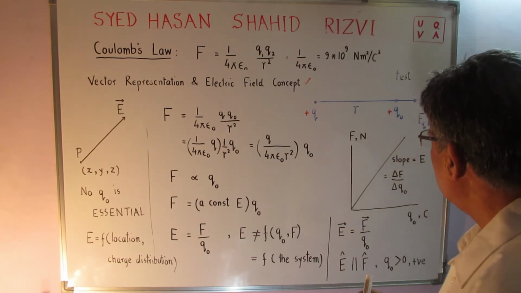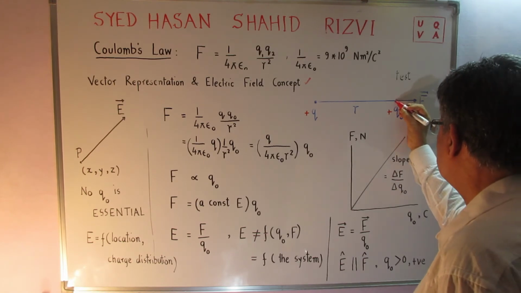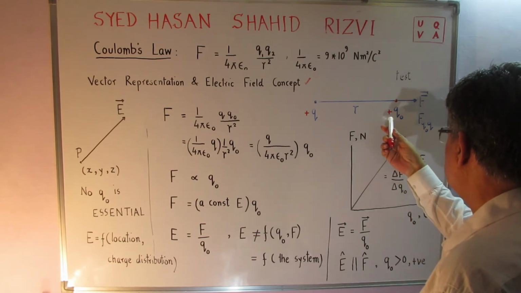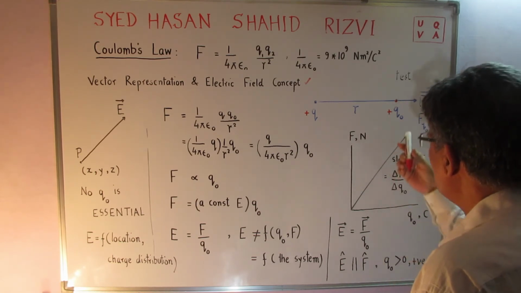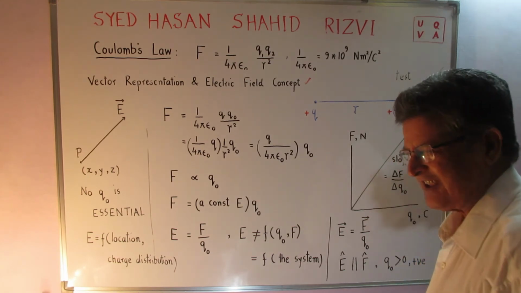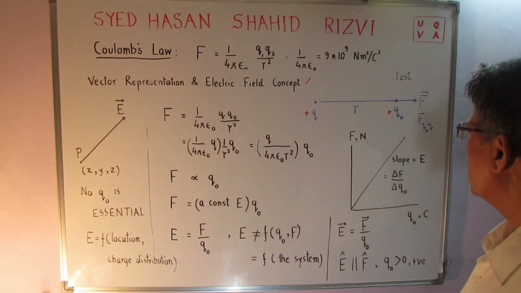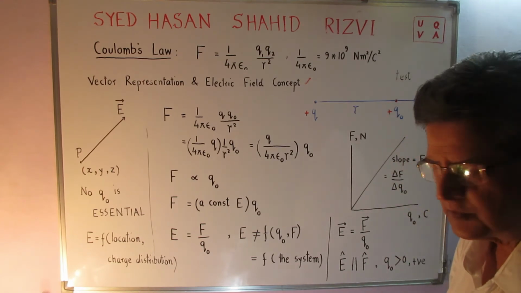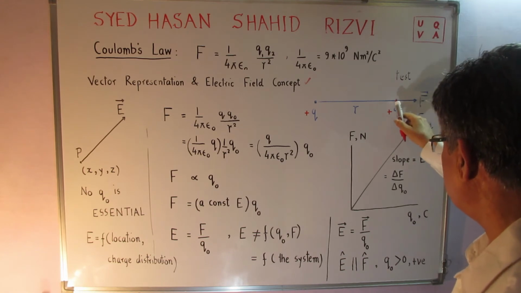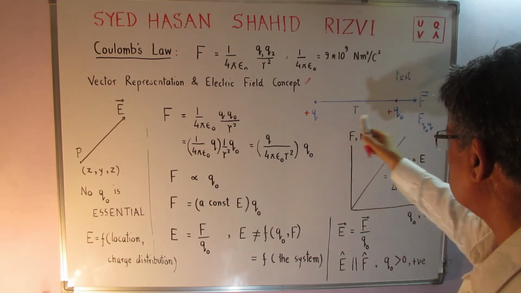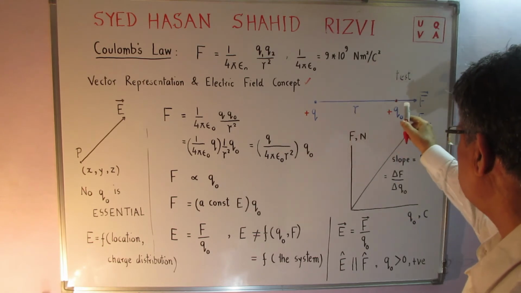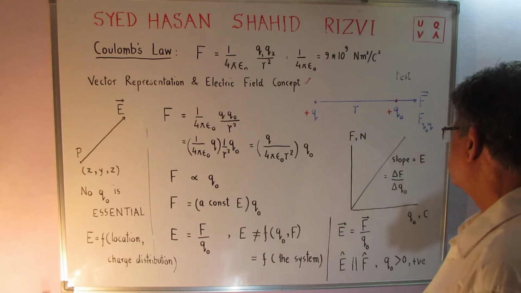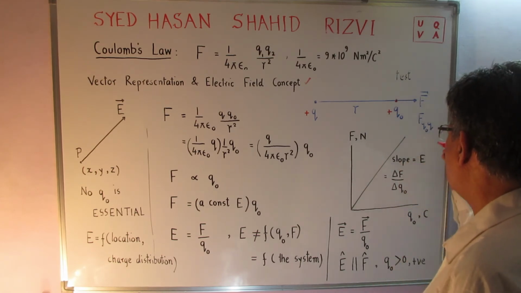On this charge Q naught, which we normally call a test charge, there will be a force F. I've shown it in the actual direction because the two charges are plus, and there is a repulsion along the line joining them.